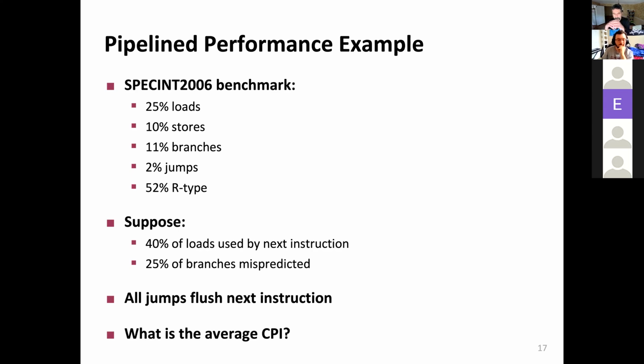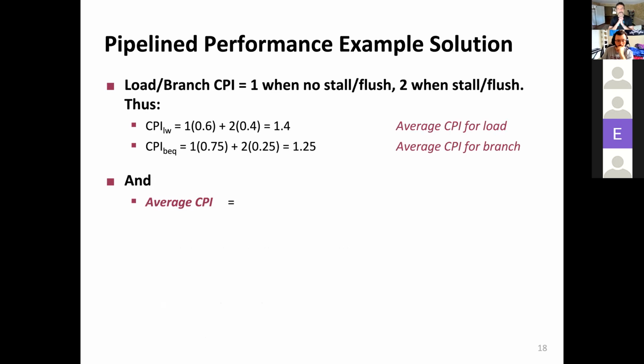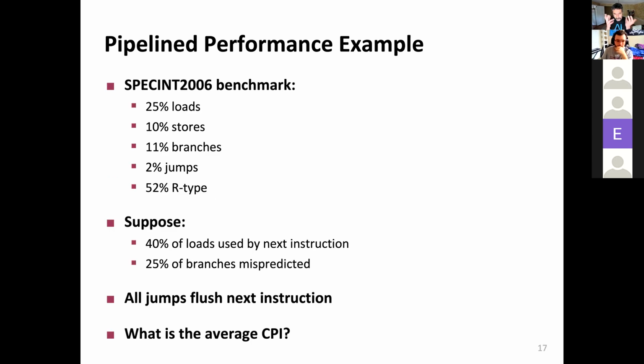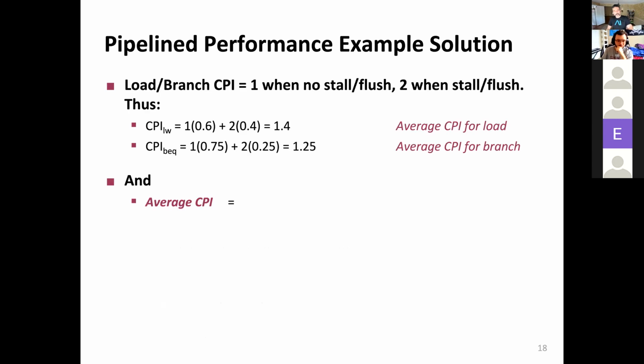These are three major components of the performance formula that determine the performance of the system. So here the question is asking for the average CPI. It is not asking for the execution time, but once you have this average CPI, you can calculate the execution time too.